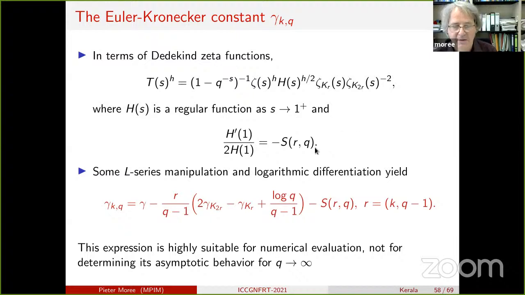And then if you take the logarithmic derivative of both sides, you will find this expression for gamma_k(q). Yeah, so I think I will stop here.